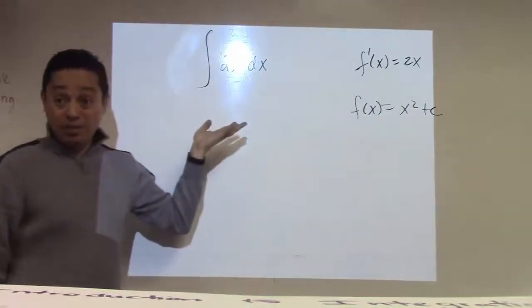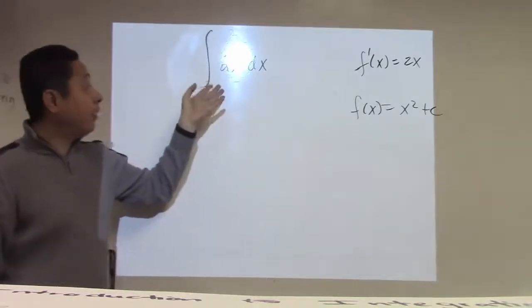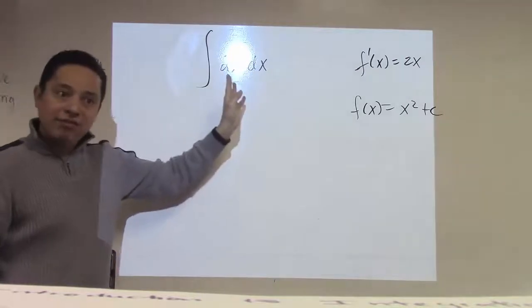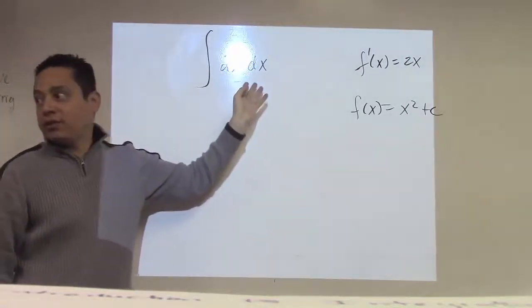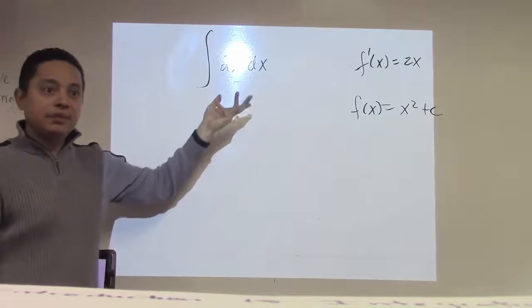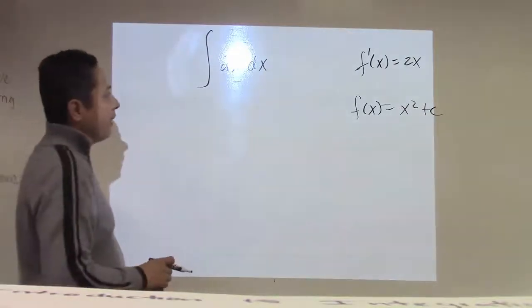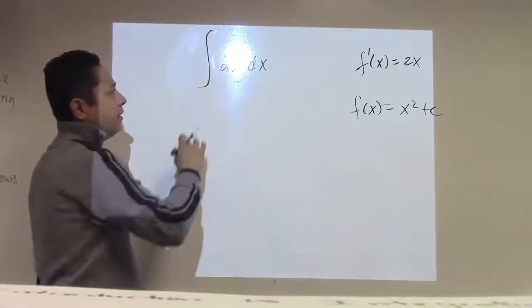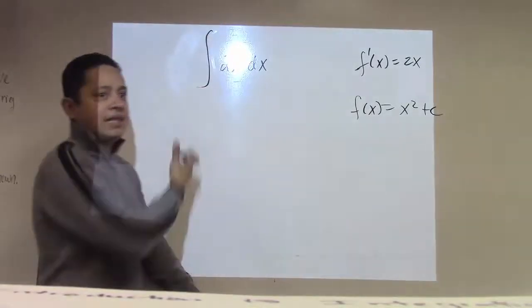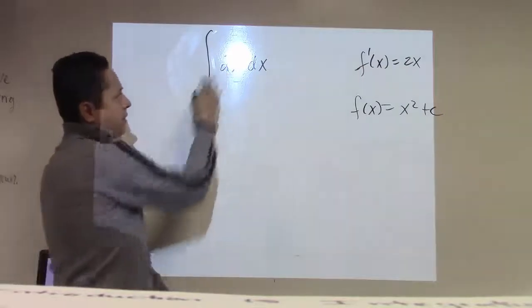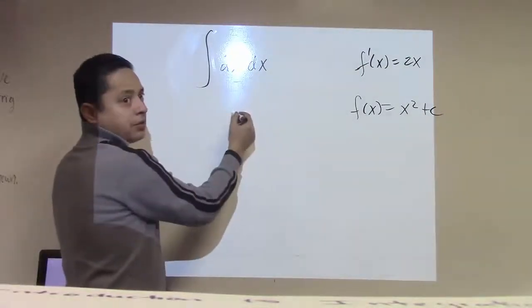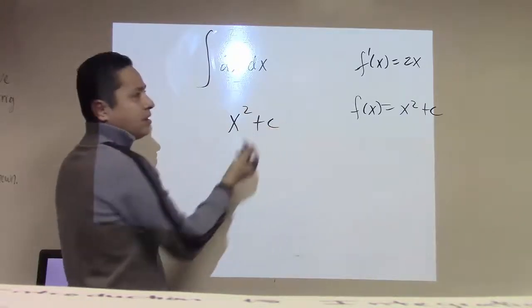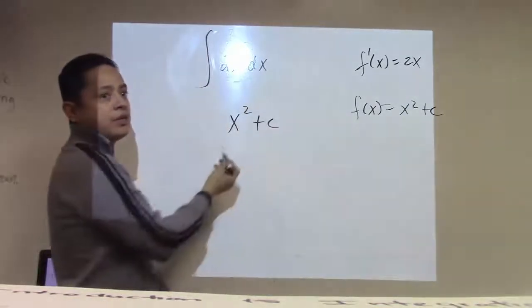This is really asking you the same thing. Take the antiderivative of 2x. Now you might be thinking, well, where does that dx come from? Well, this is going to be explained in future lessons. It does have some meaning, but for this lesson, just understand that this symbol right here is their way of saying take the antiderivative of that. So you take the antiderivative of that, and you will get just x squared plus C. So it's the same answer, just that one has an equal sign and this one doesn't.